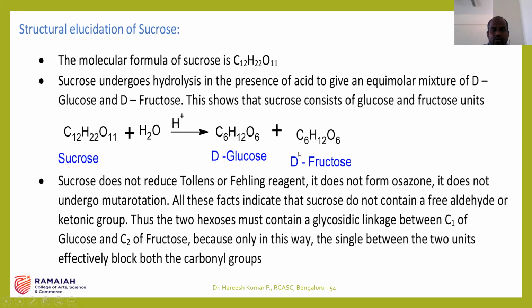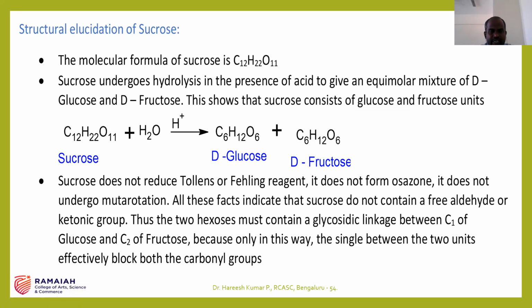Similarly for fructose. You know the difference between glucose and fructose: glucose contains an aldehyde group, whereas fructose contains a ketonic group in open chain structure. In ring structure, glucose does not contain an aldehyde group, and fructose does not contain a ketone group.